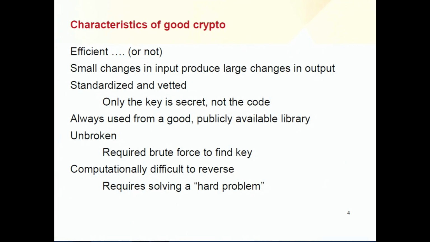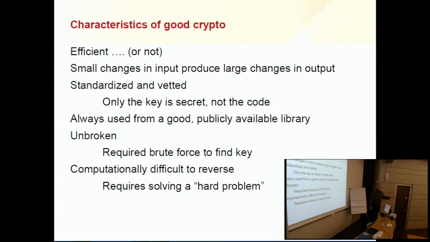So if the algorithm is not very efficient, that slows down somebody who's trying to crack the password. So in fact, the algorithms that are used to hash passwords are much less efficient than the normal algorithms that you would use for hashing. The idea is that if you're going to hash a password, you really only have to do that once, unless you're an attacker and trying to crack it.